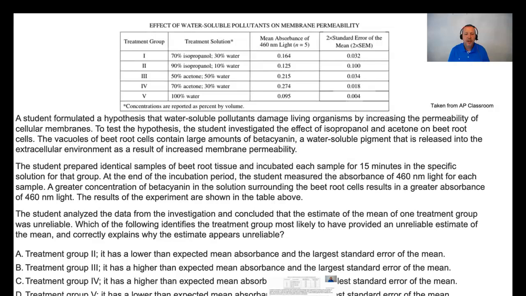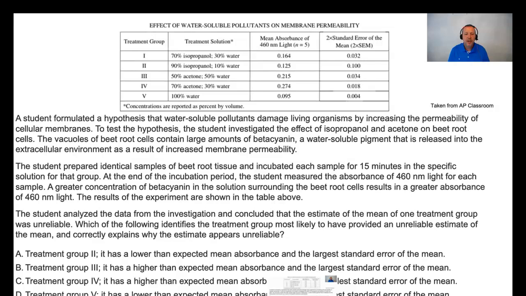Okay, the student analyzed the data from the investigation and concluded that the estimate of the mean of one treatment group was unreliable. Which of the following identifies a treatment group most likely to have provided an unreliable estimate of the mean, and correctly explains why? Now, remember the standard errors and all that good stuff?